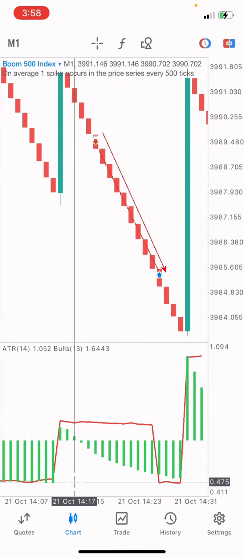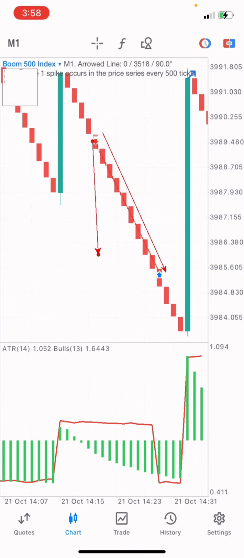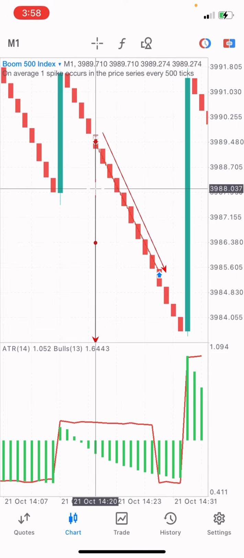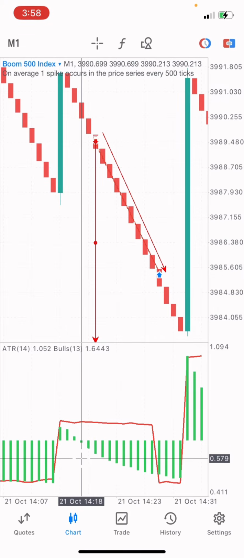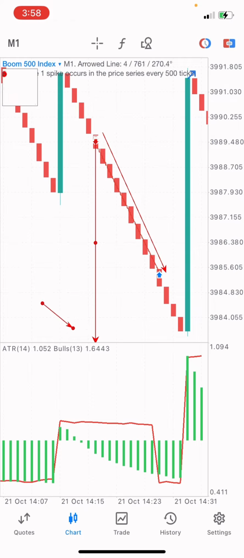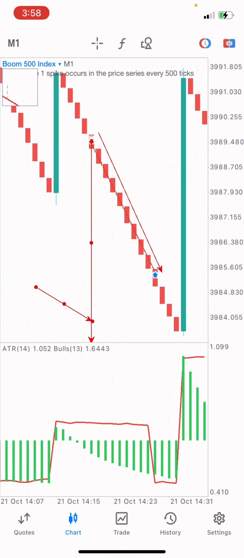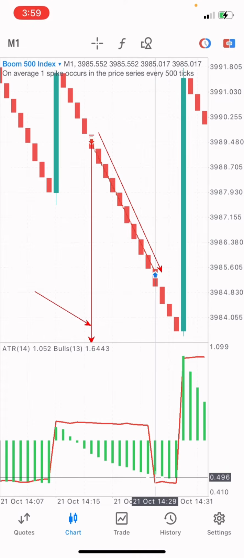You can clearly see at this point I entered the market, after two candlesticks. So guys, when the average true range creates an N shape, that is the entry point.